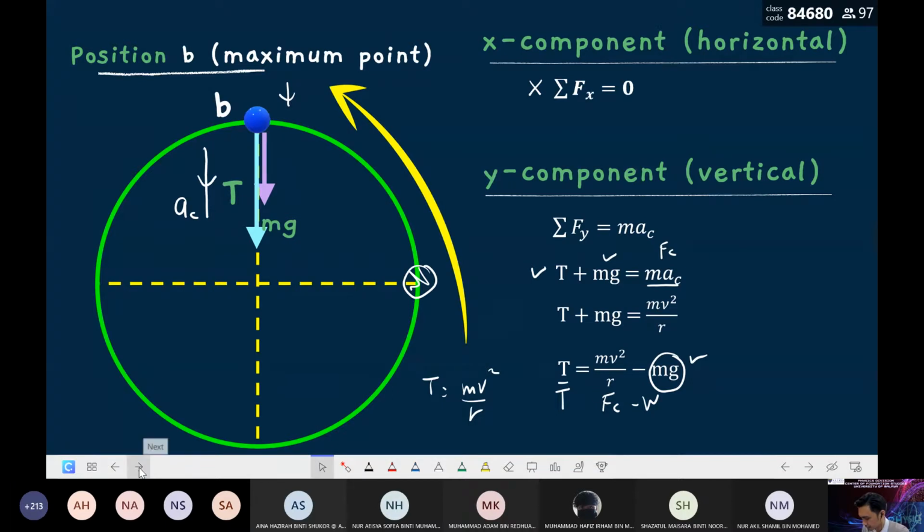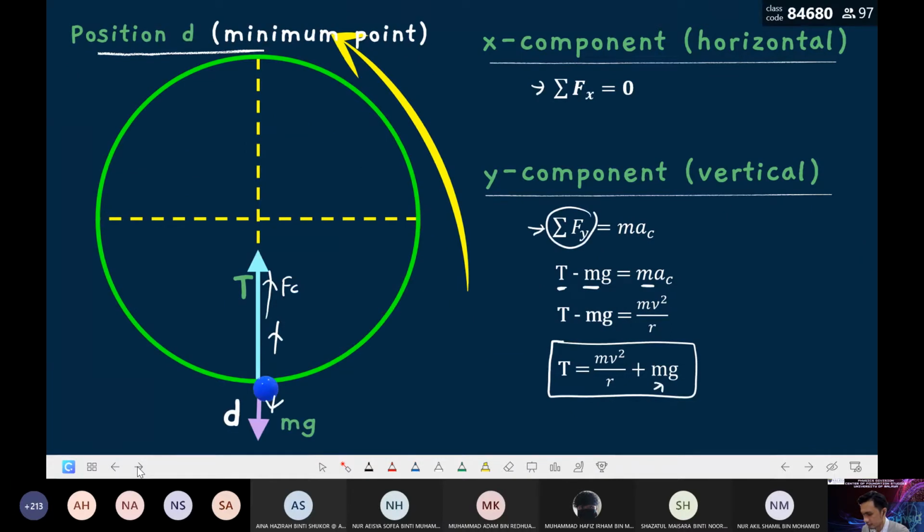Okay, now next. What about if the object is at the lowest, kalau dekat minimum point? Kalau dekat minimum point, sama juga. There is no x component, but we can see that the tension memang always point to the center. Jadi it is directed upwards, and also F_c pun akan directed upwards. Cuma the weight tu yang akan oppose, akan ke bawah. So that's why the summation of the Y component is equal to the centripetal force.